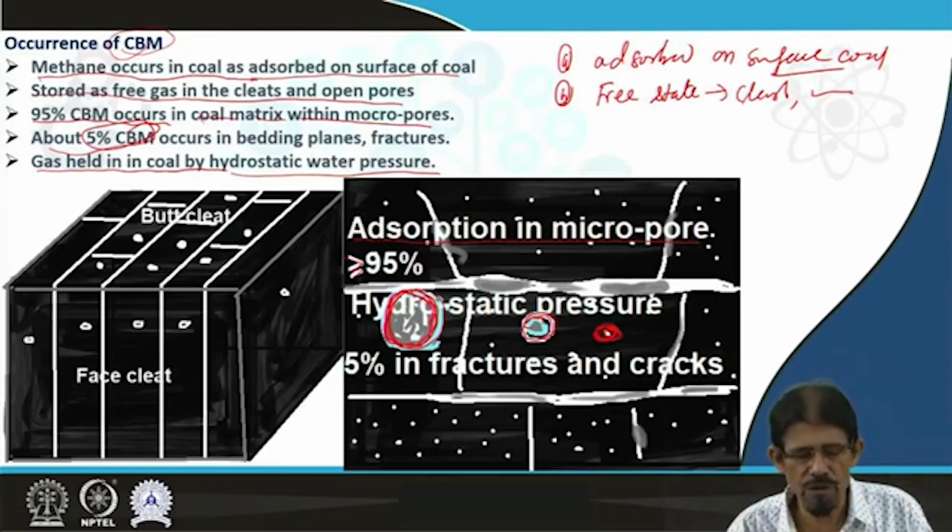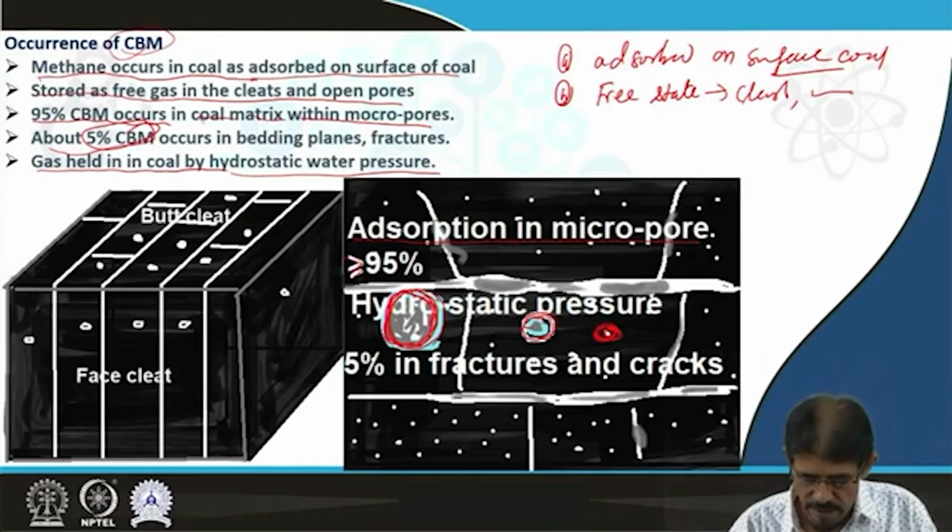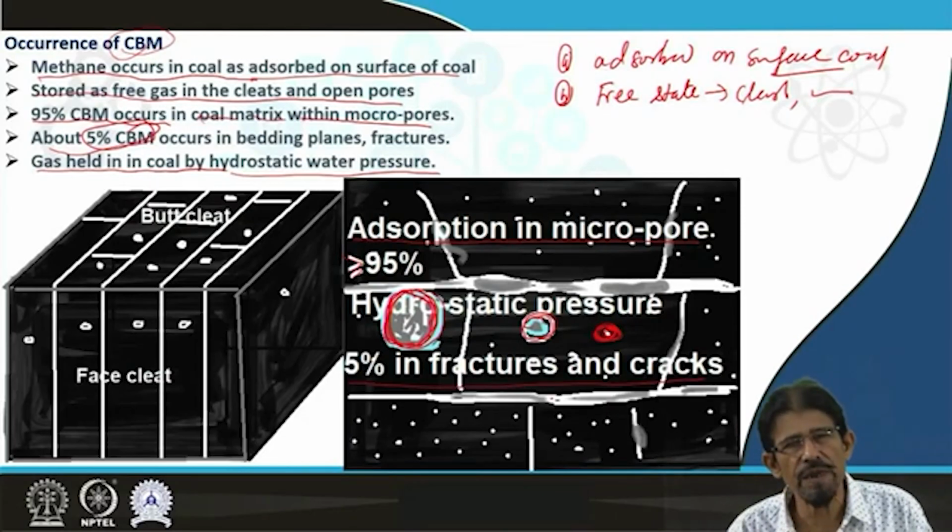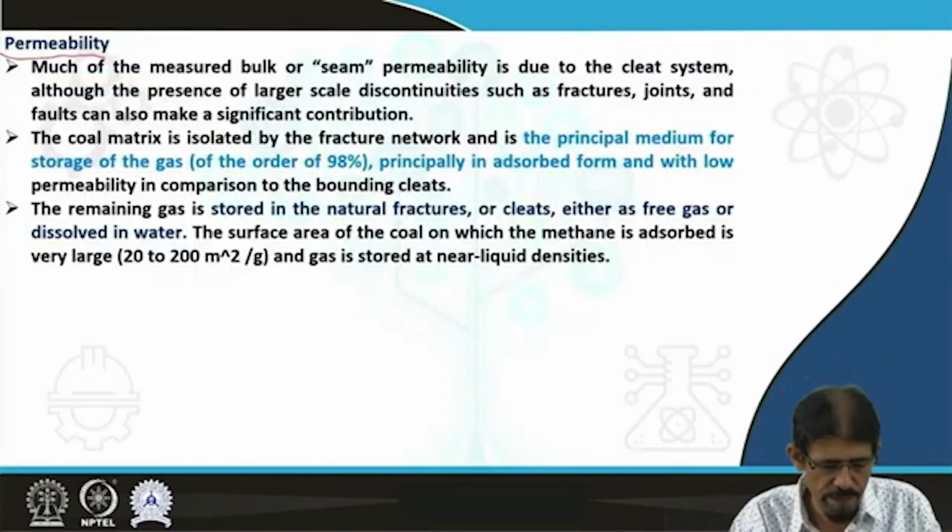However, the 5% present in fractures, cracks, bedding, joints and cleat system is in a free state or dissolved in water.